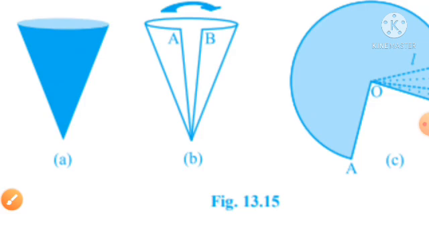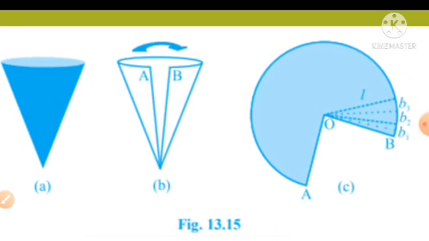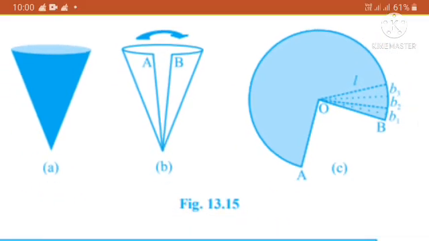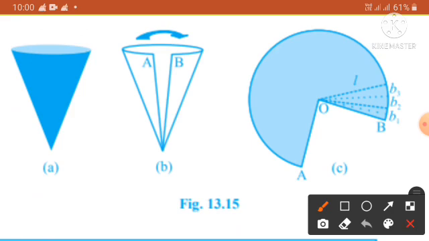Now we are cutting out a neatly made paper cone that does not have any overlapped paper, straight along its side and opening it out to see the shape of paper that forms the surface of the cone. Here the line along which we cut the cone is the slant height of the cone, which is represented by l.